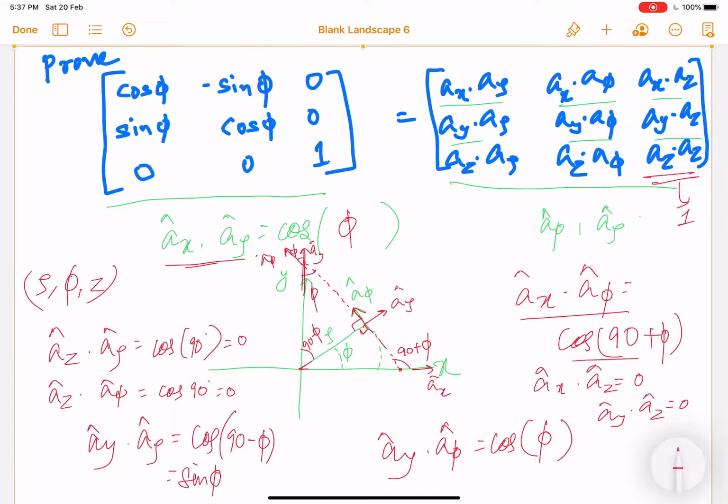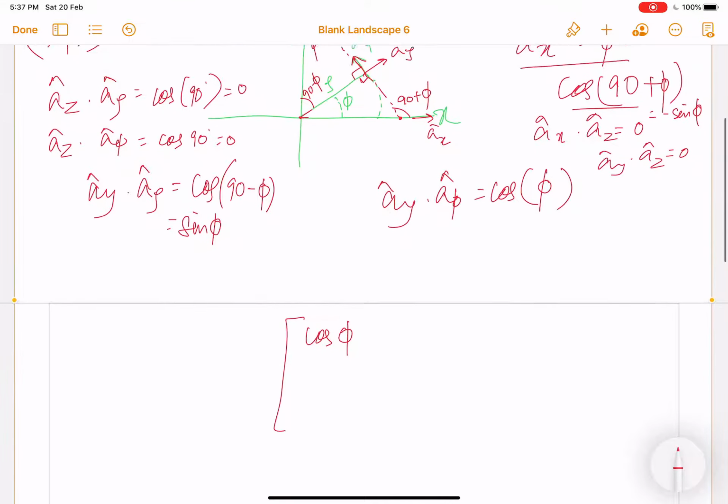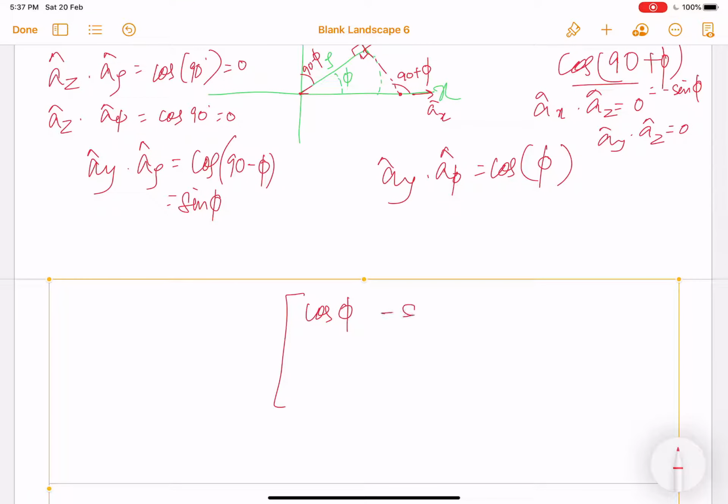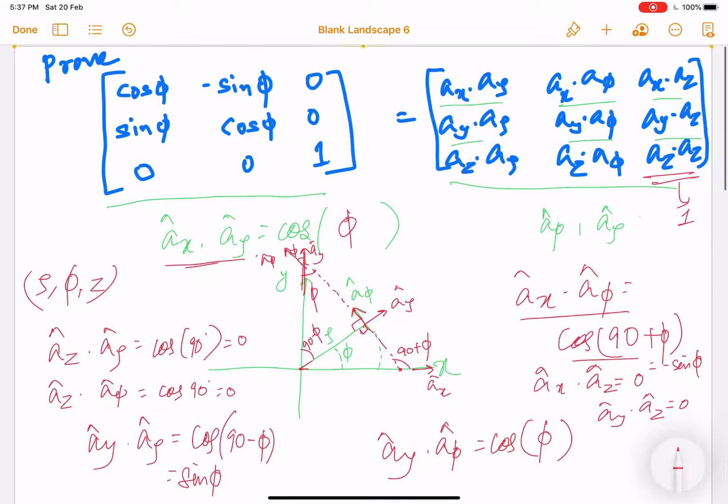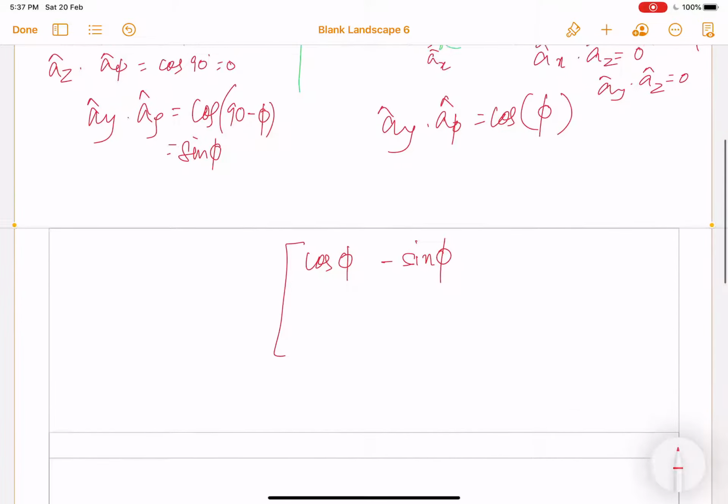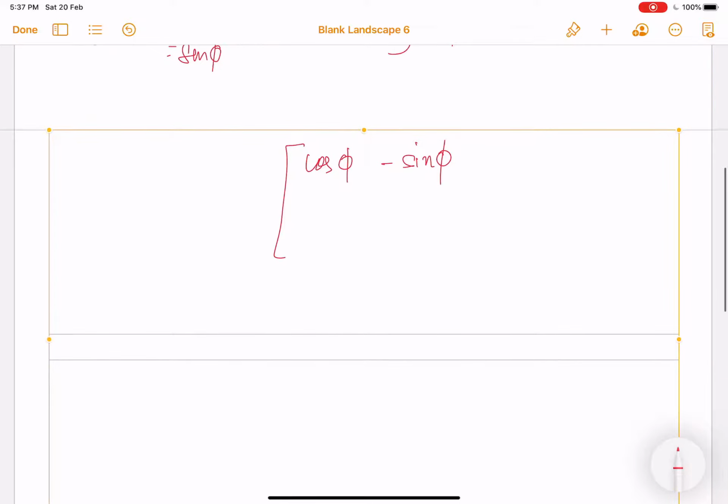This is cos of 90 plus phi, that means minus sine phi. Then next is ax dot az, this is 0. Ay dot az is 0. This one is 1. So 0, 0, 0, 1.